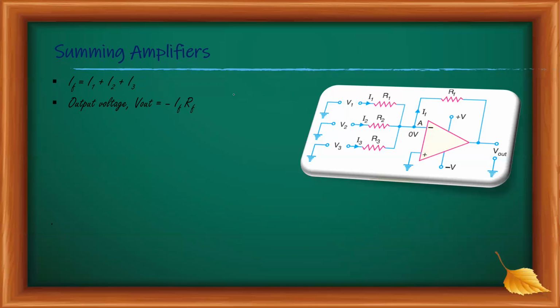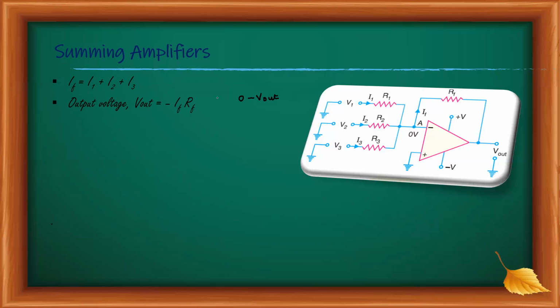IF is flowing in this direction. So the voltage drop across RF is equal to 0 minus V out.